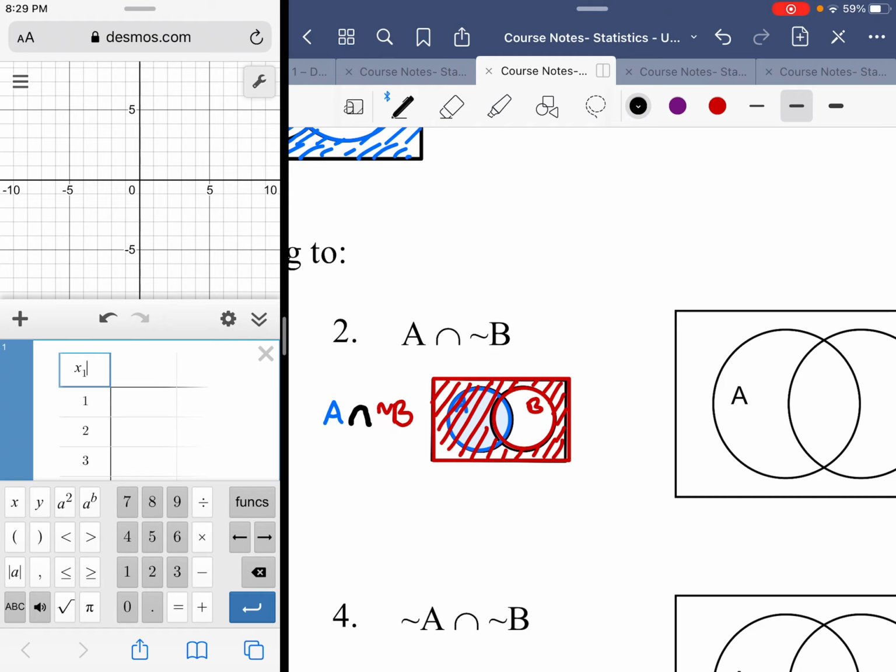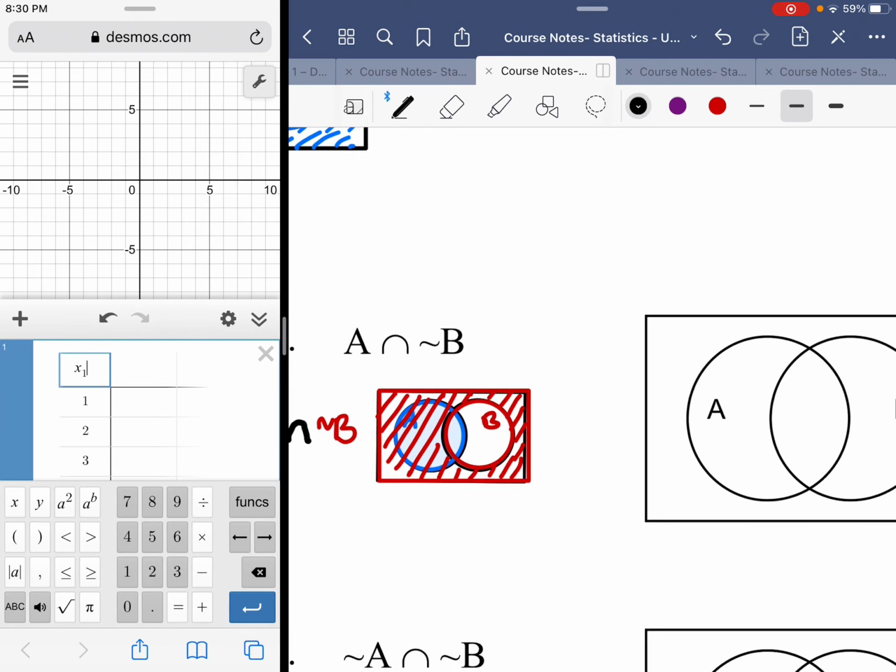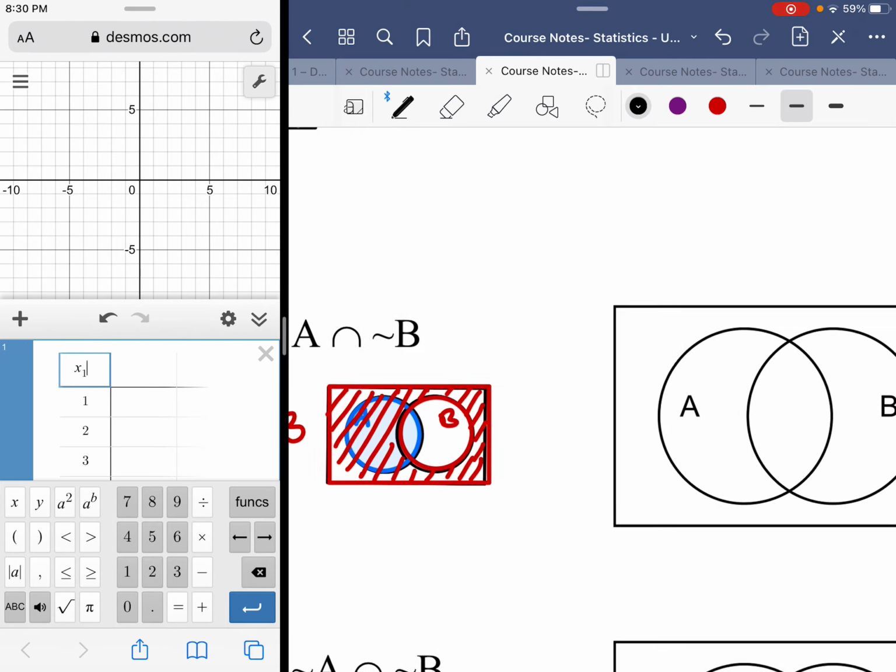I was going to say doubly so, but it's got to be shaded for A, but also shaded for B. If I could ever get the color scheme to work out, I always envisioned that when I would shade in red and then shade on top of that in blue, it would be the purple part because red and blue make purple.